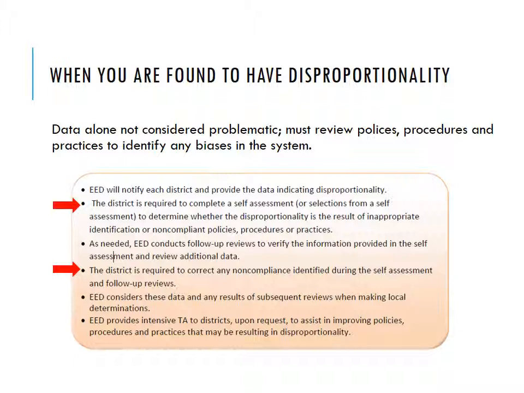The numbers are simply a mechanism to prompt the next conversation, which is a review of your district and school policies, the procedures that are taking place in your district and in the schools, and then the practices at the district, school, and even caseload level to determine whether there is some sort of bias that's causing that disproportionality. It may be determined that there is no problem with your policies and procedures and practices, but we want to make sure that we have that conversation, and the data is what helps us get to that point.